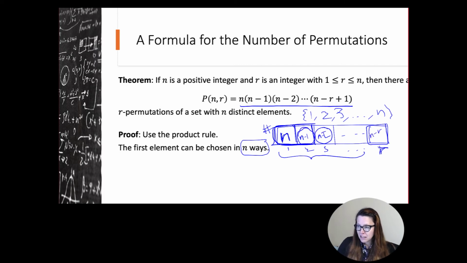But there's not n minus r, right? There are only r minus 1 choices up to this point in time. And so it's really n minus r plus 1, which is why we see this piece here, this n minus r plus 1. Okay? That's where that comes from.